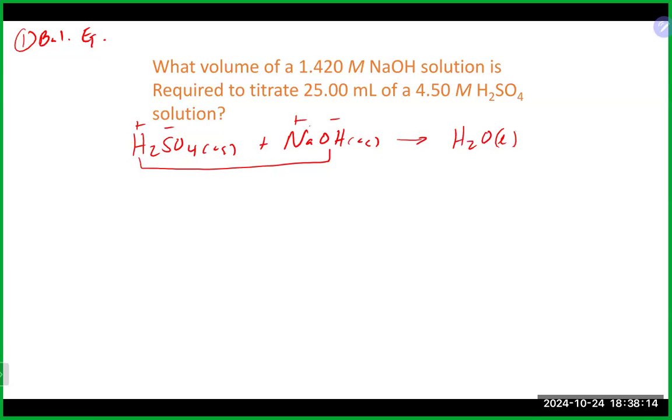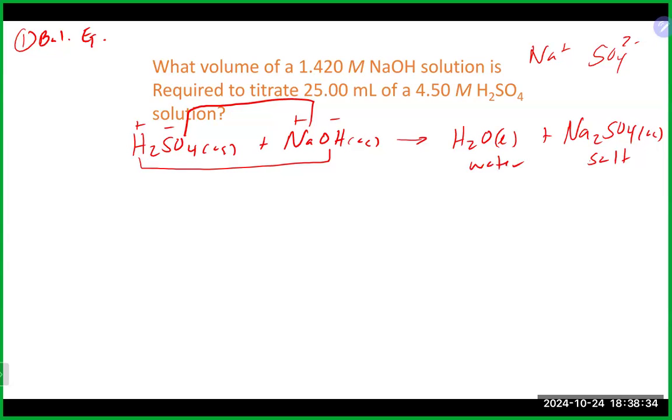And we're going to get our salt, which are these two guys coming together. Remember that we do want to put it together properly, which means sodium is +1, sulfate is -2. That gives us Na2SO4 as our salt, and our water. Any questions on that?